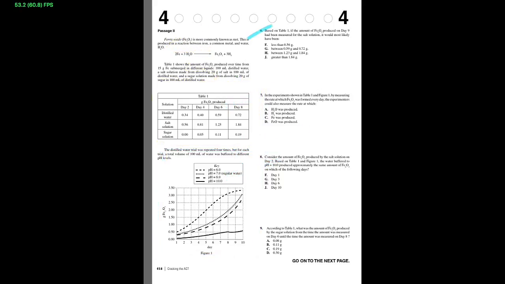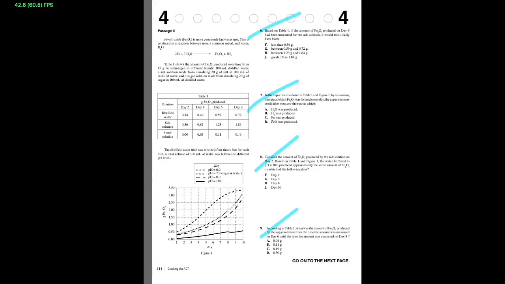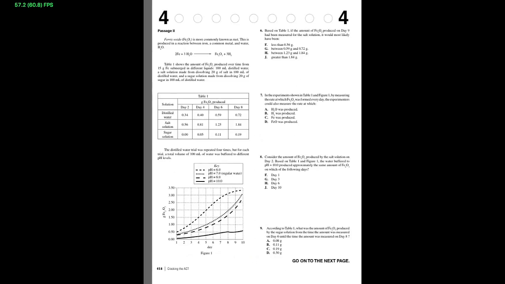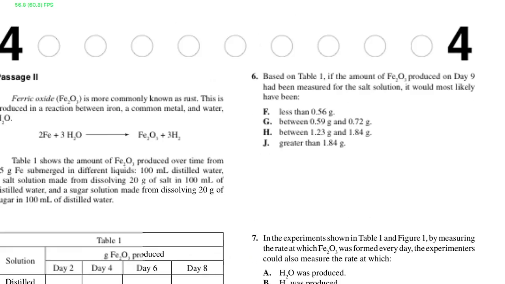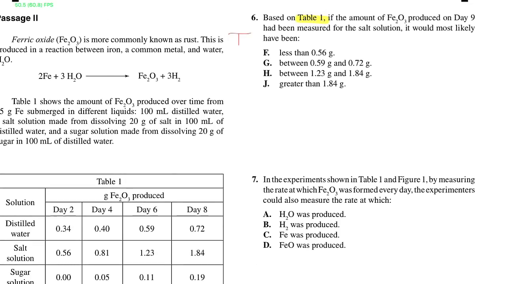And then you can see here we have 1, 2, 3, 4, 5 questions for the passage. So that's what I'm going to do first, is look at specifically what they are focusing on. Here I can see the first question is on table 1. So I'm going to put a T for the table, because they're basically just a table and a figure.